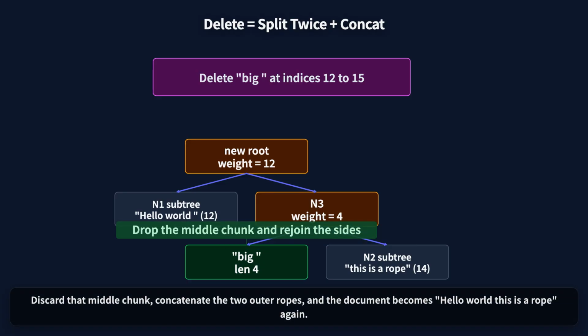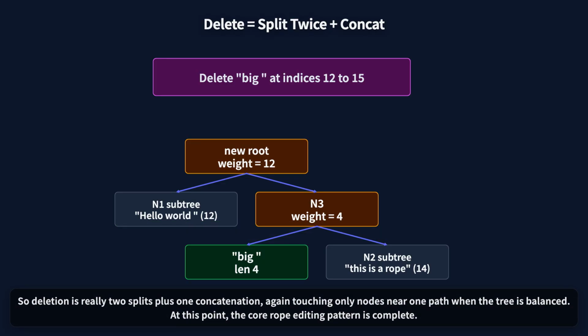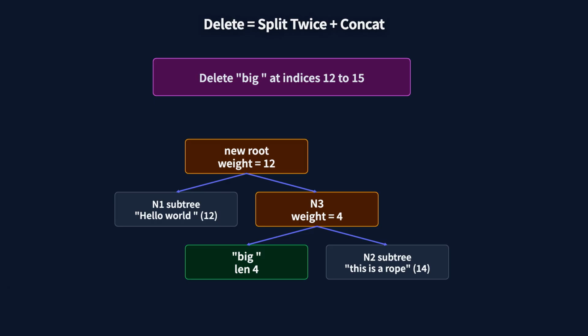Discard that middle chunk, concatenate the two outer ropes, and the document becomes hello world, this is a rope again. So, deletion is really two splits plus one concatenation, again touching only nodes near one path when the tree is balanced. At this point, the core rope editing pattern is complete.